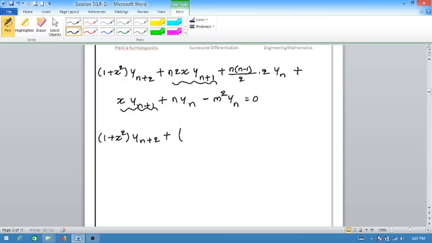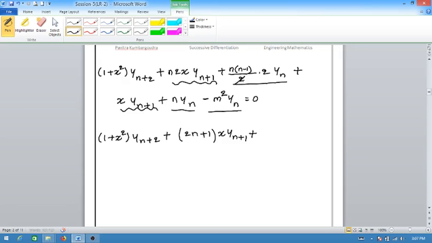So 2n is left in this, then plus 1 here, into x y n plus 1. Then in these 3 terms, what is common?